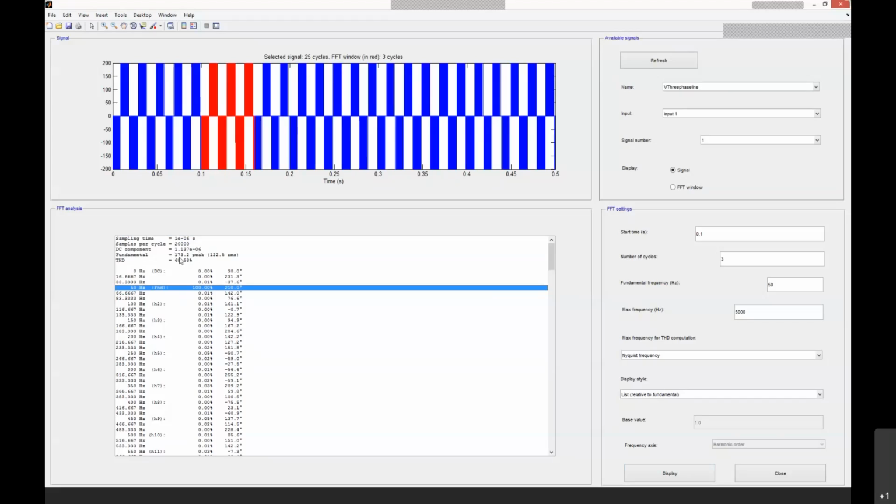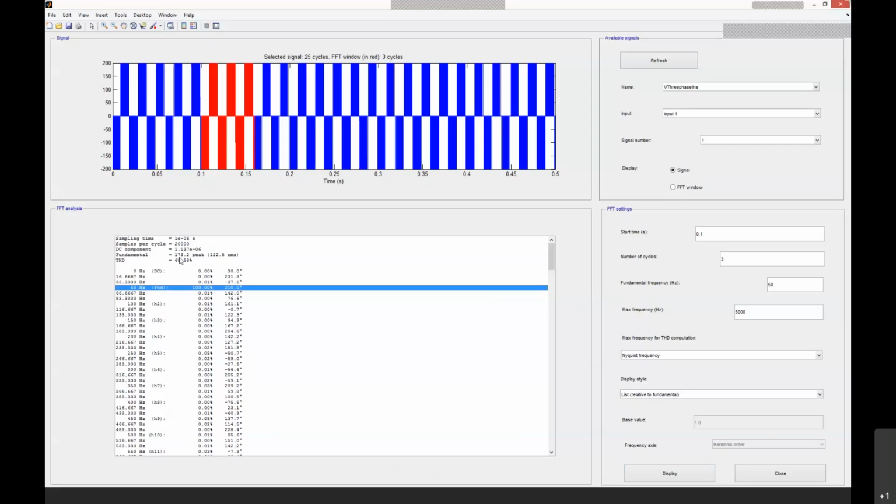So we have given VDC as 200 volts, right? So what should it be? It must produce 0.612 times VDC, right? So 200 multiplied by 0.612 gives you 122.4. So roughly you are getting 122.5 here.